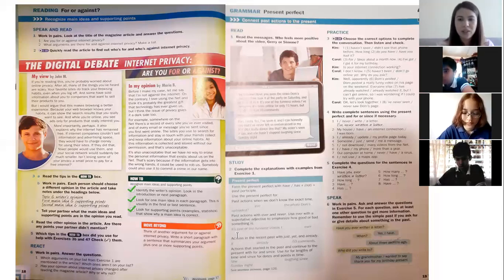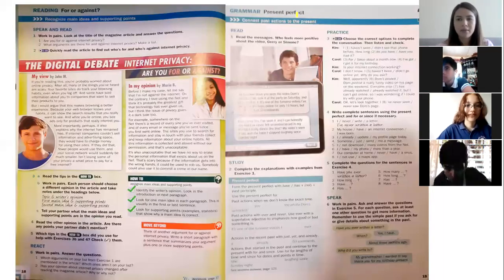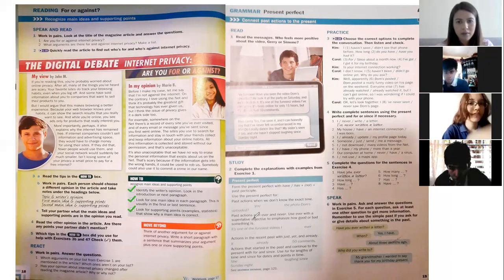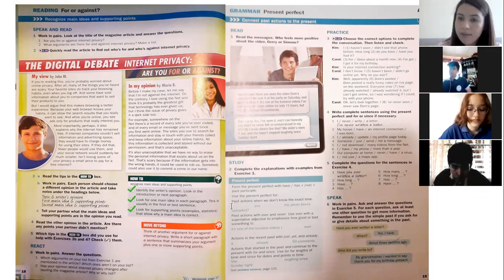I told you on the last page how you can do the interrogative form, or question. Have goes first, right? So here, what is that? It's a question mark. That means that the sentence we have to complete is a question.